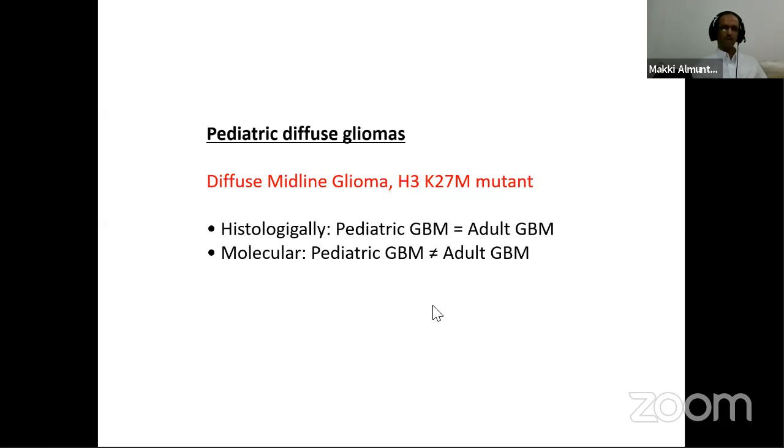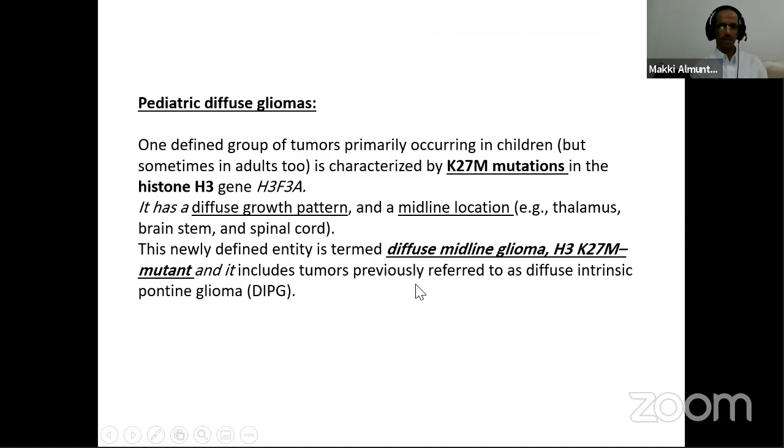Pediatric diffuse glioma, we have two tumors I'll speak about. One is diffuse midline glioma, used to be named pontine glioma, but now we call it diffuse midline glioma, H3K27M mutant subtype. And GBM in pediatrics is different in terms of molecular features from adult, and not common in pediatrics.